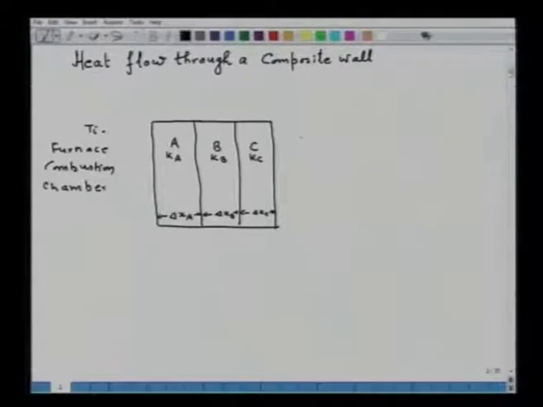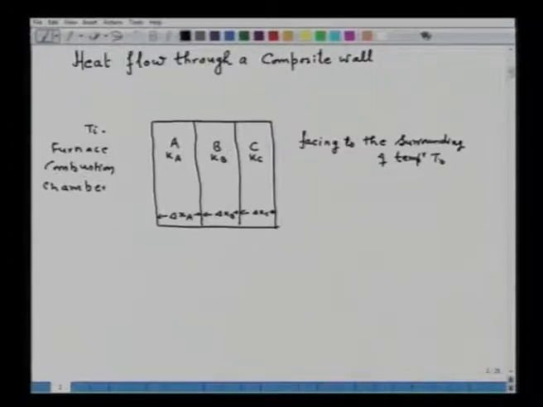And the other side is facing the surrounding of temperature T0.